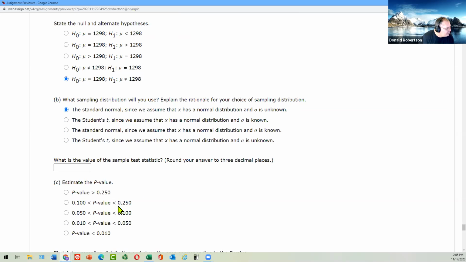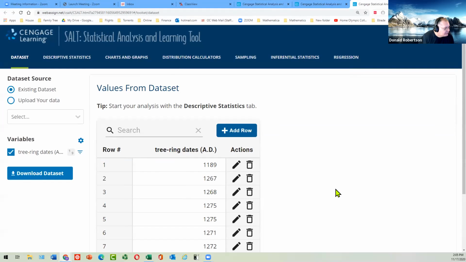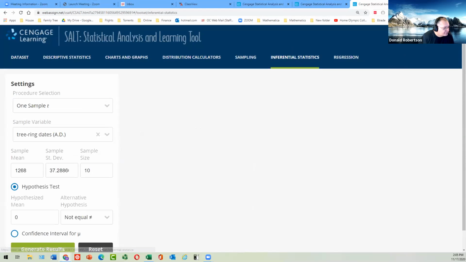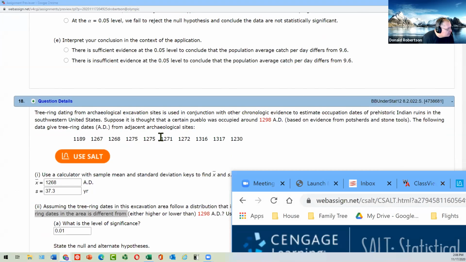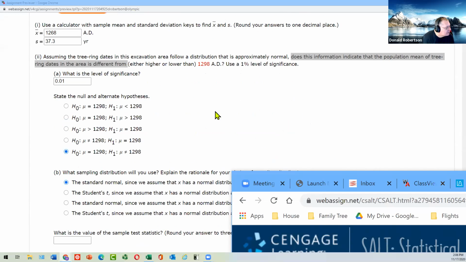Now I need to get my t and my p, and we are done. So hit this again. Go over here, inferential statistics. Is there enough evidence to show? We've got to read the question again. It's not 1298.